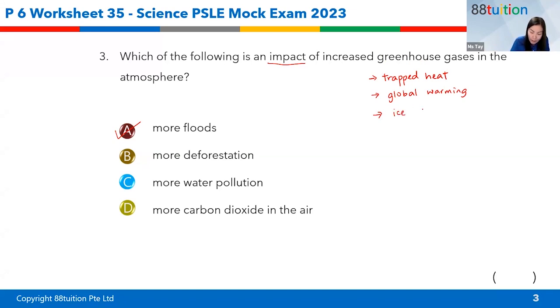So the ice, okay, in the very cold places like Iceland, you will see all these ice caps melting. Places with a lot of ice, they'll all be melting. And then sea level rises. You have to go step by step. If this is an open-ended question, you will be required to write down everything step by step.